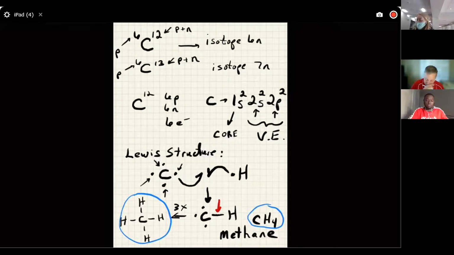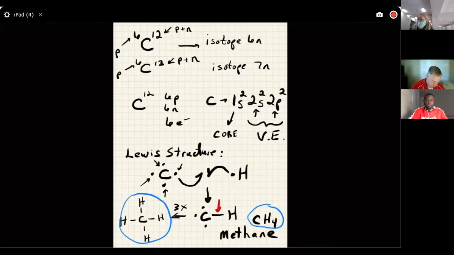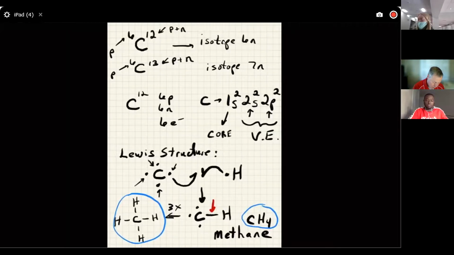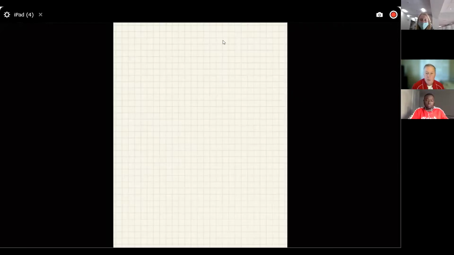Now, let me get another piece of paper here. So let's look at how we can represent organic molecules real quick. I just showed you the simplest way.